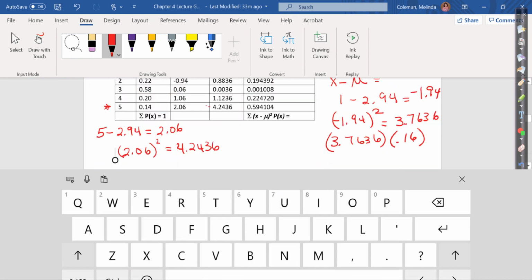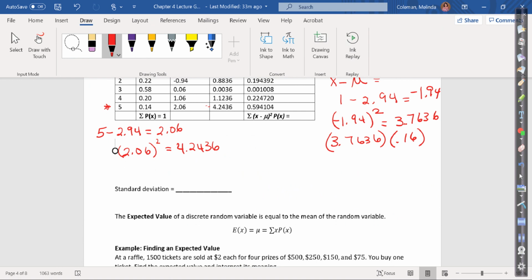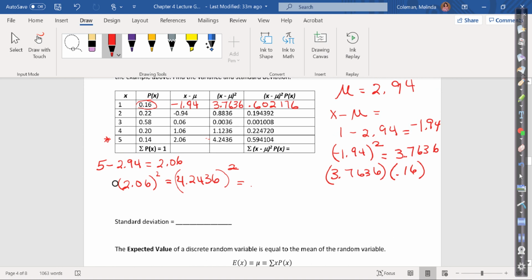Likewise, if I'm verifying number 5, I'm going to take the 4.2436. Oh wait, we've already squared. Sorry.